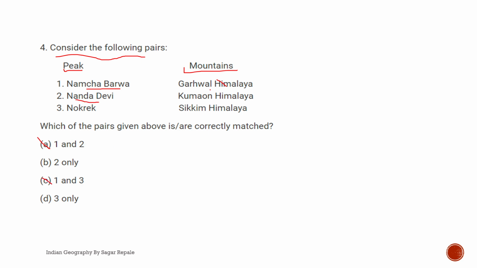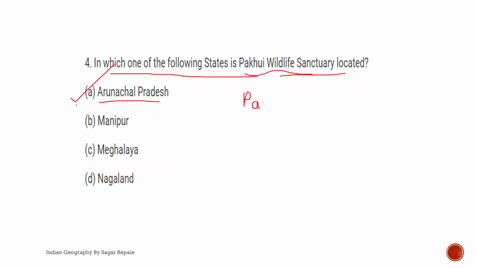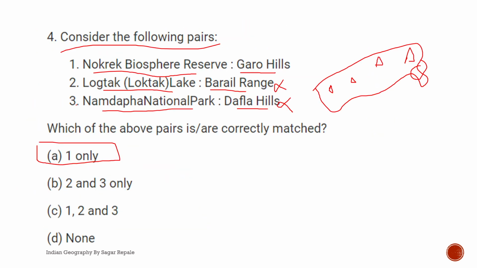Nanda Devi, Kumaon Himalaya. So yes, it is correct. Nanda Devi is in Kumaon Himalaya. We have seen Nanda Devi is the highest peak in the Kumaon Garhwal Himalaya. And about Nokrek, it is not located in Sikkim Himalaya. If you observe carefully, Nokrek Biosphere Reserve. There was already a question on Nokrek. You can see over here, Nokrek Biosphere Reserve, right?